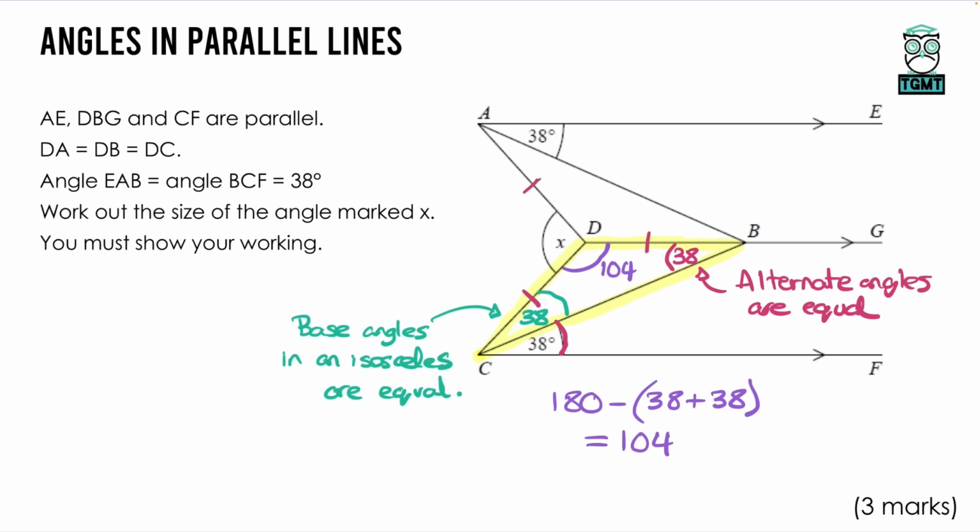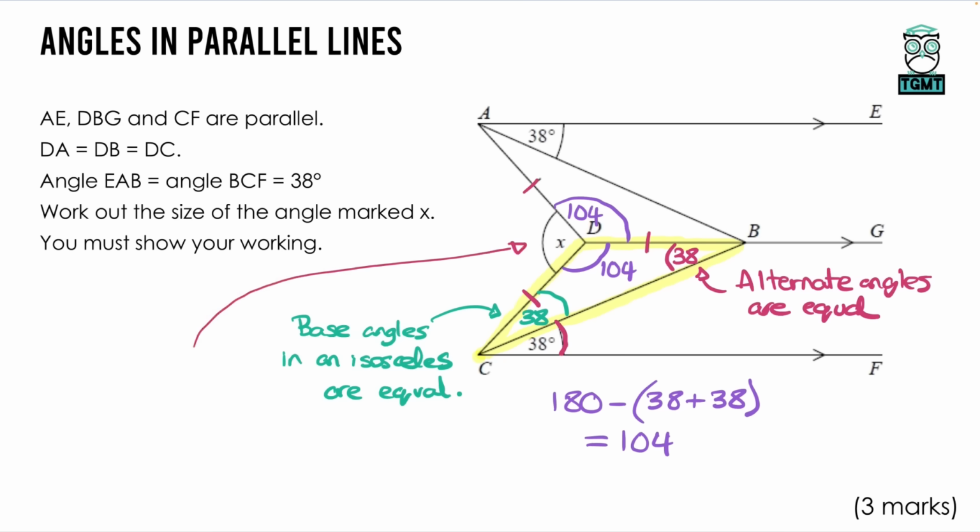Now, it's not always going to be like this, but because that is almost reflected up to the top, in other words, all of the angles above are exactly the same because it's the same diagram, just flipped upside down on top. That means this here is also 104. So to find that angle X, that is the missing angle around a point. Angles around a point add up to 360.